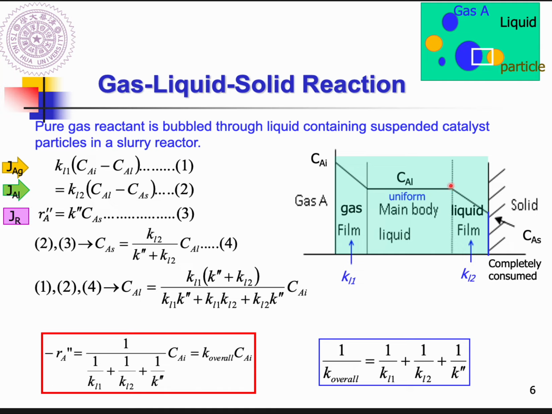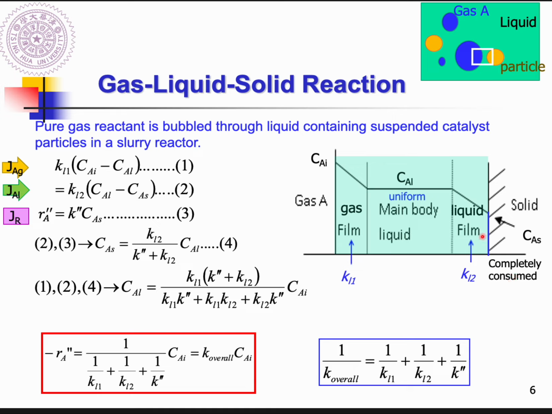And when molecule A again passes through the liquid film, the concentration will decrease again as a function of location to arrive at the surface of the solid, and the concentration here will be CAS. And the same idea, after reacting with the catalyst particle, reactant A is completely consumed.